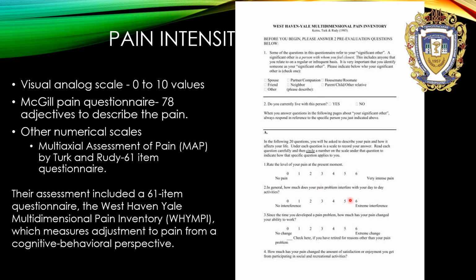The assessment included a 61-item questionnaire, the West Haven-Yale Multidimensional Pain Inventory, abbreviation WHYMPI, which measures adjustment to pain from a cognitive behavioral perspective. But as we can see, these are difficult ways to measure pain intensity for dentists.